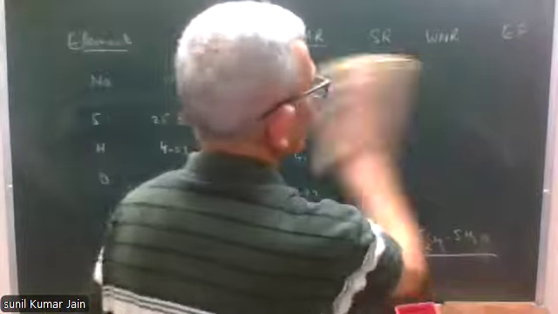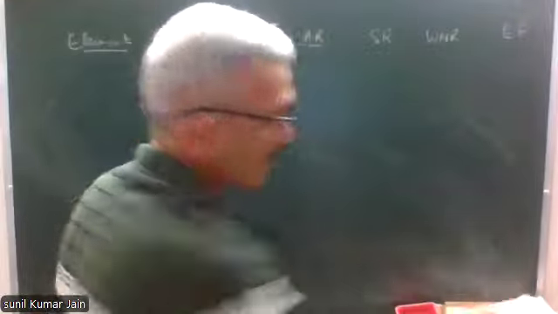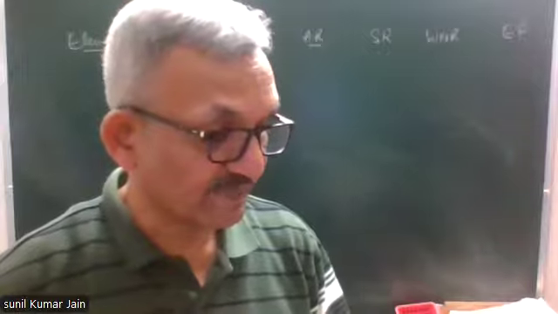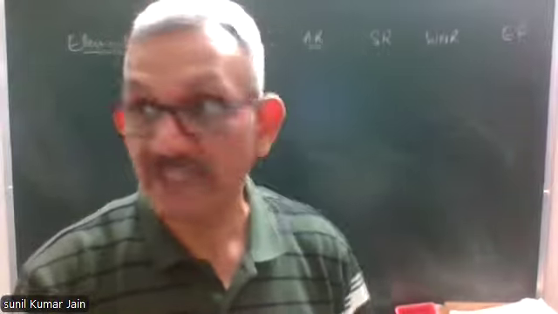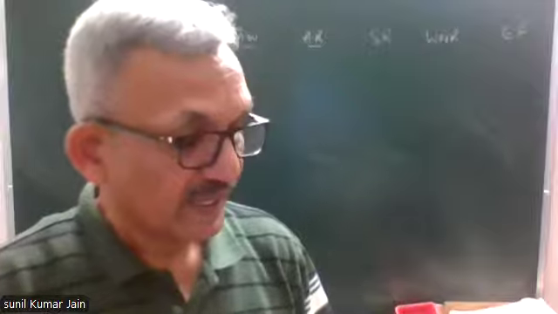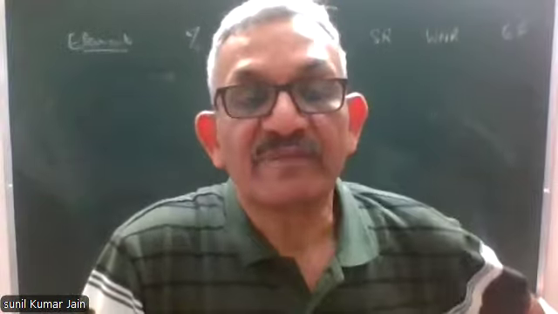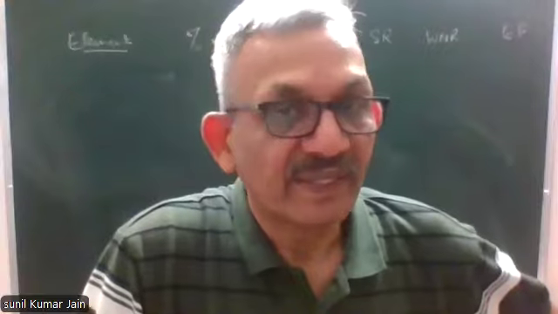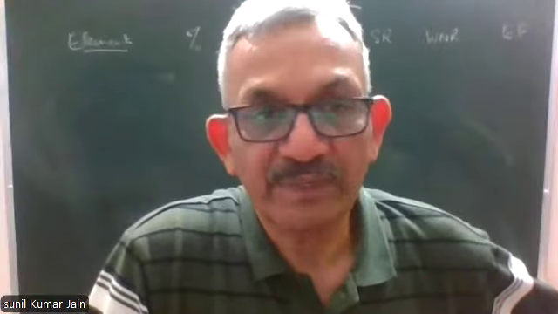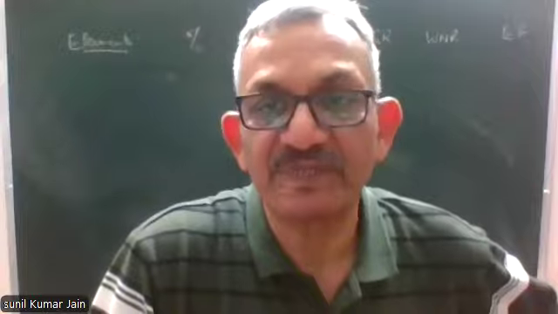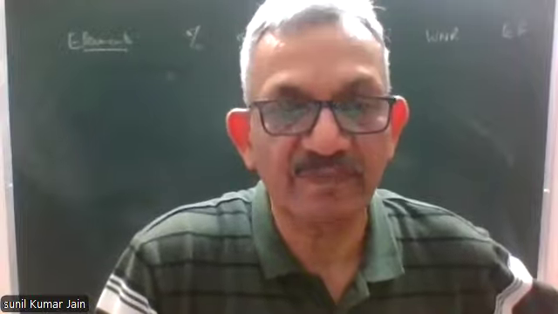Next, third numerical. A compound contains carbon, hydrogen, and nitrogen in 18:2:7 ratio. Calculate molecular formula. Vapor density is this much. See, when you are given ratio, then there's no need to calculate percentage, although you can calculate percentage, but there's no point wasting time.